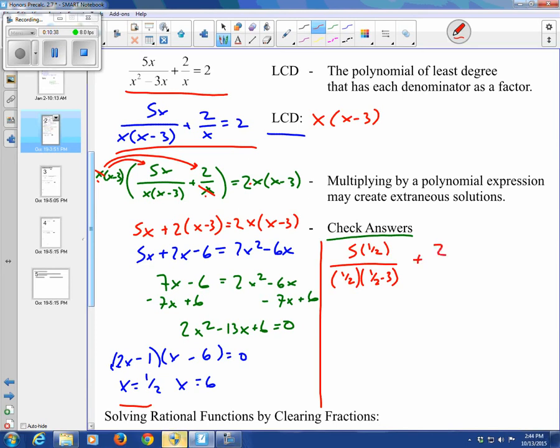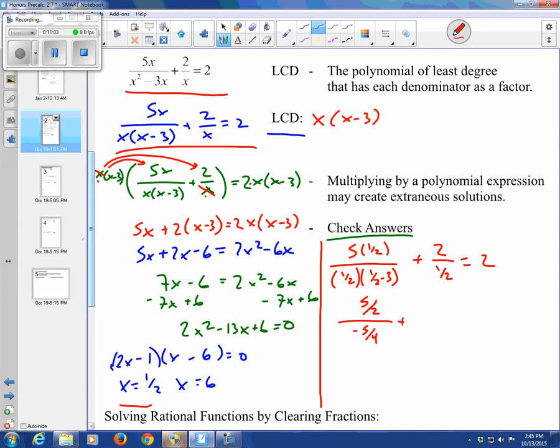And then plus 2 over 1/2 equals 2. So now I've got 5/2 over, and then this is going to be 1/2 times 3, which is going to be 6/2, so that's going to be minus 5/2, so this is going to be negative 5/4 when we multiply those guys.